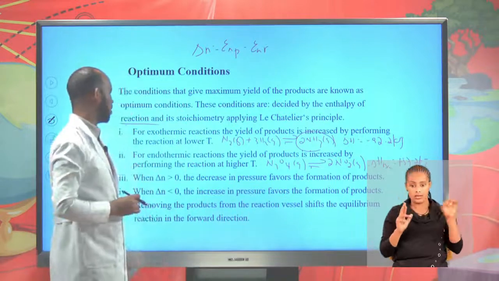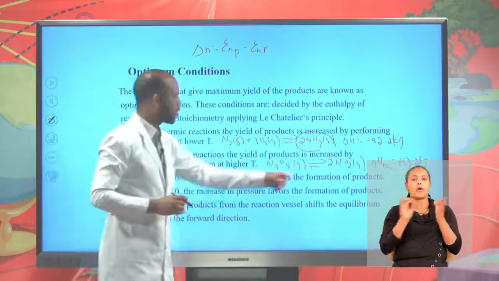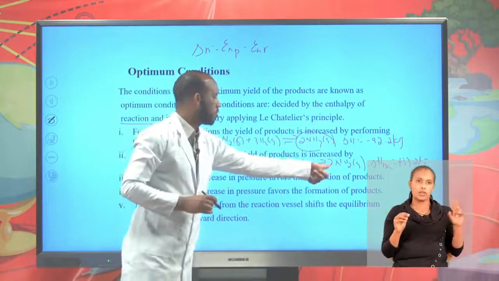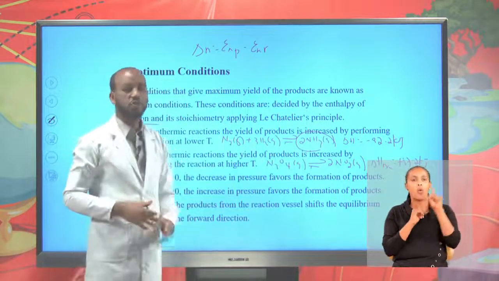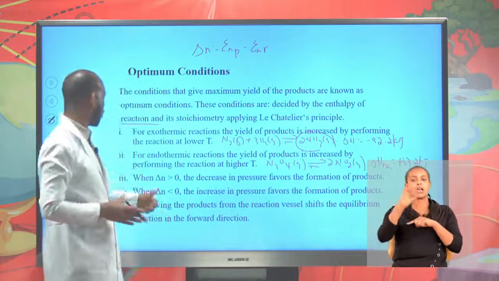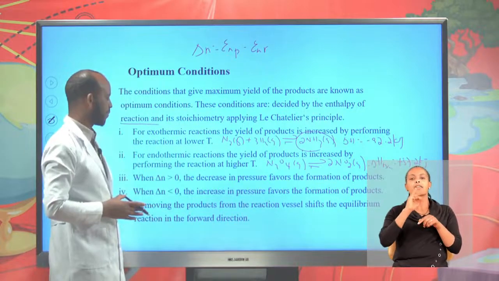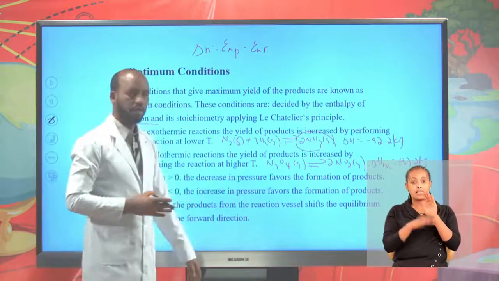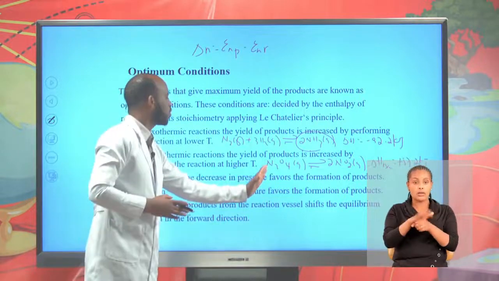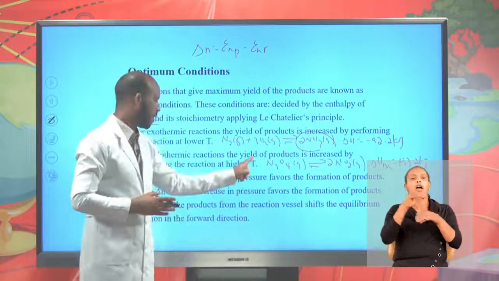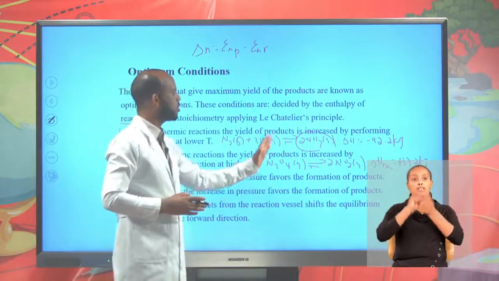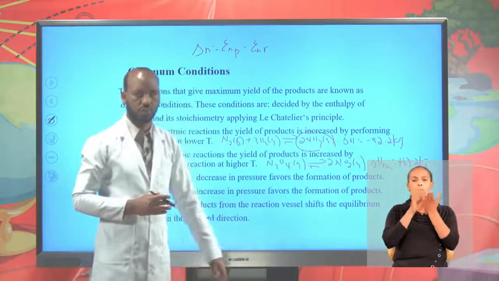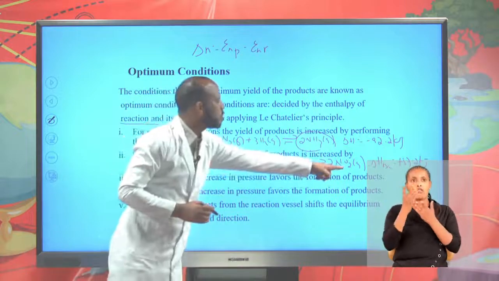For this reaction, 2 minus 1 is 1, which is greater than 0. Therefore, if you decrease pressure for this reaction at equilibrium, equilibrium shifts to the side with more moles. Formation of product is favored.